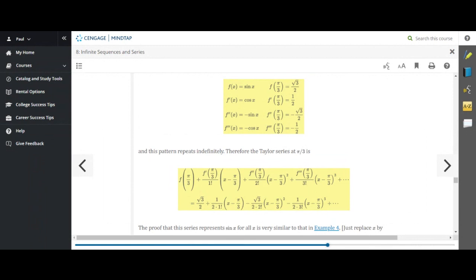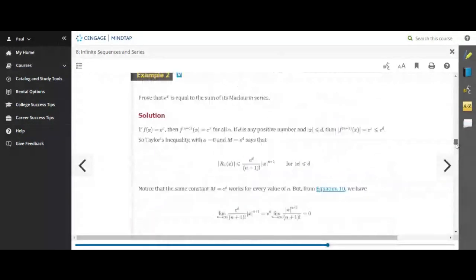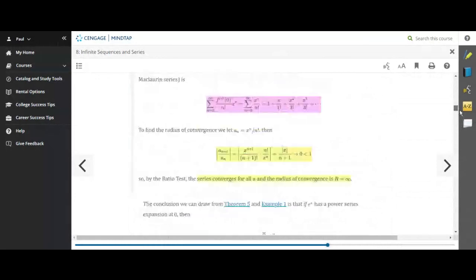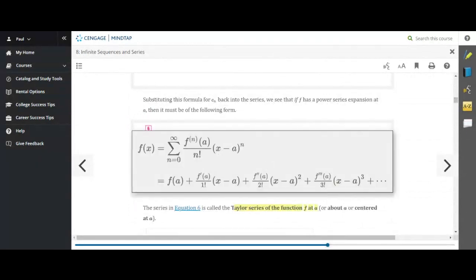They're substituting the coefficients into the Taylor series formula. Let me go to the Taylor series formula. Here it is. This is the Taylor series formula, and a equals pi over 3.